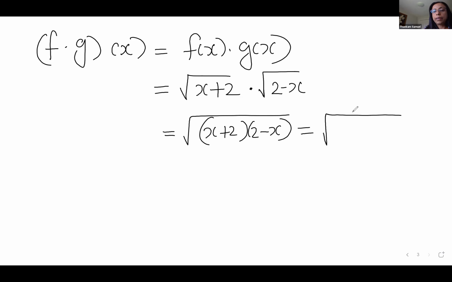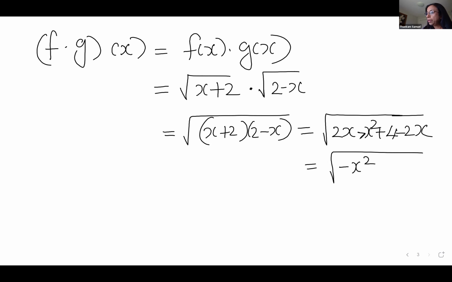So you will get, we can distribute x times 2 is 2x, then x times -x is minus x square, then 2 times 2 is 4, and 2 times -x is -2x. So when we rearrange the terms, we'll get -x square plus 4.